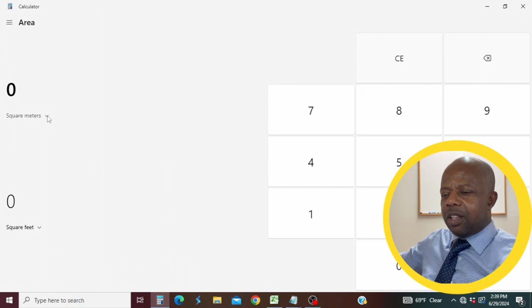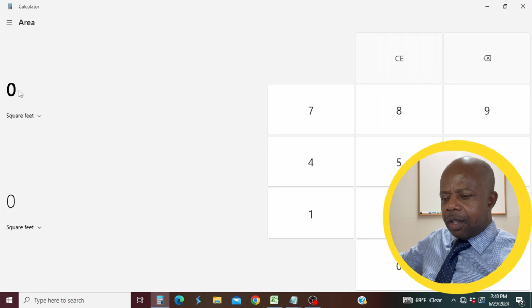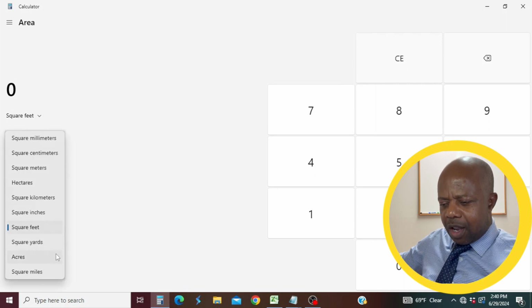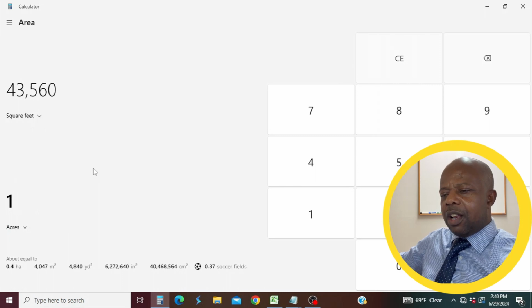Then the next is area. Let's go to square feet. And then we want to see how many square feet will be in an acre of land. That would be 43,560 square feet. So an acre of land.